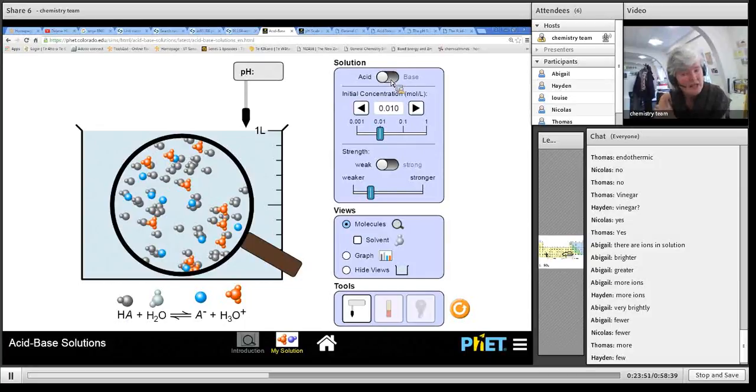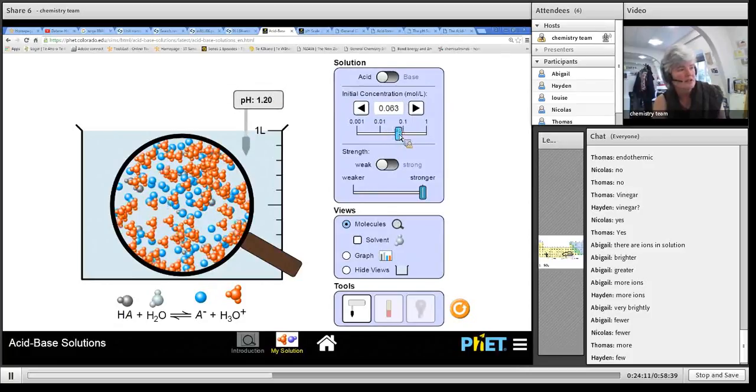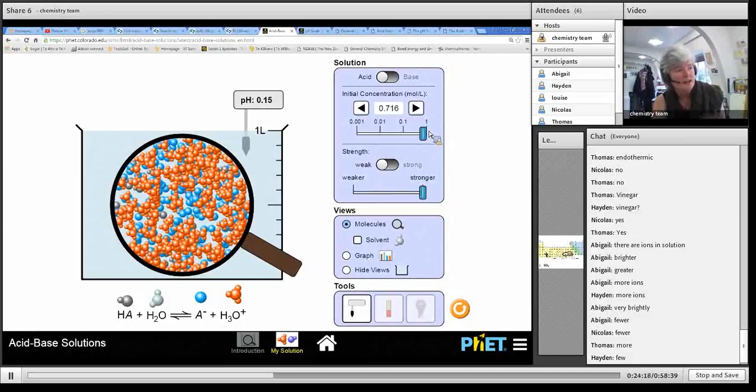Now we haven't done the equation yet, but let me first do it there and make it a strong acid. If I increase my concentration, can you see my pH is going down and down and down because I've got more hydronium ions.